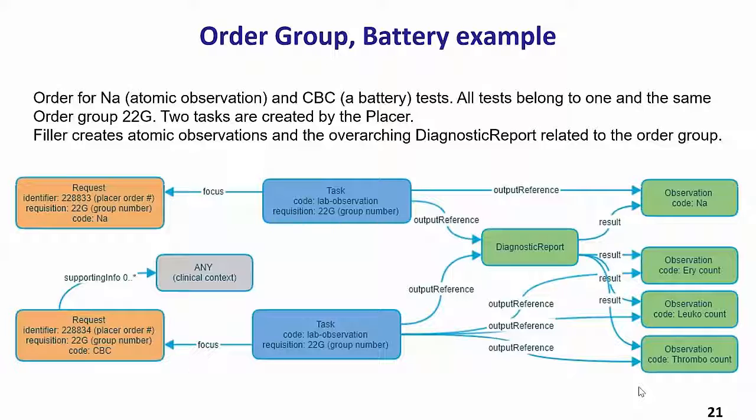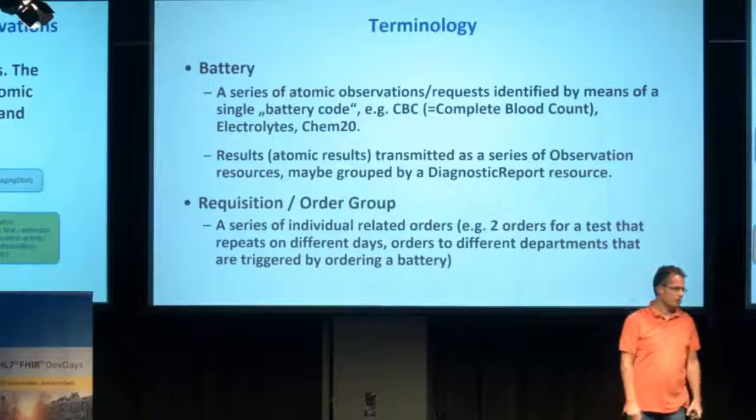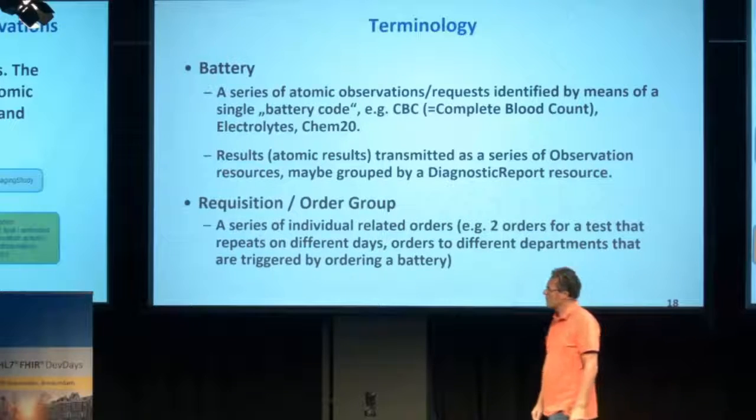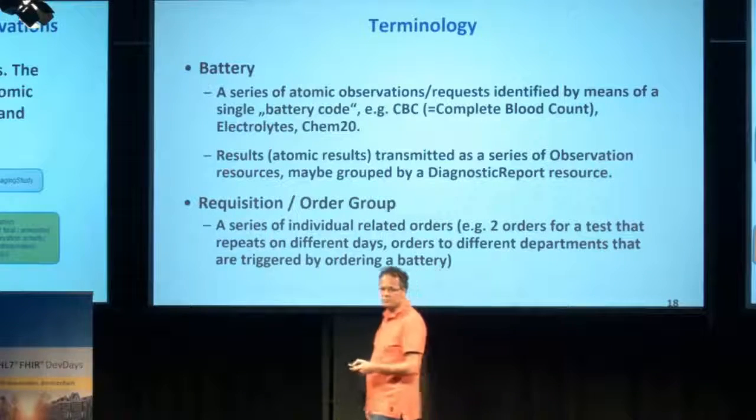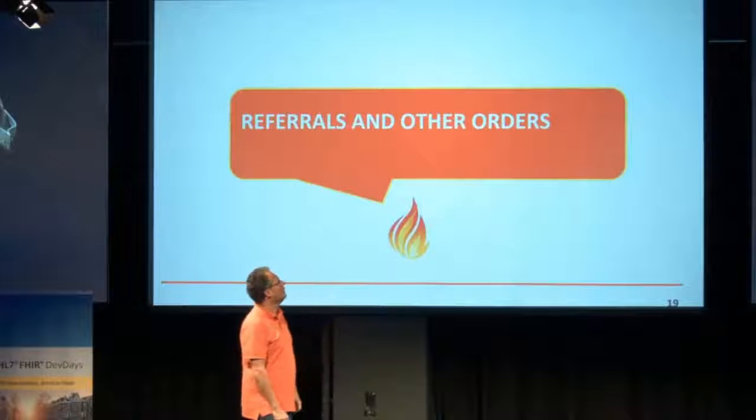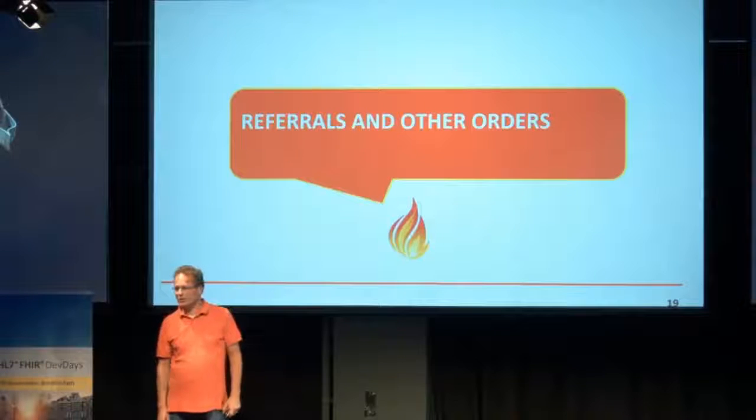And all of those observations are documented in one single diagnostic report because that is effectively the equivalent of the group that we have also as identifiers here on the request. So that's an example from the laboratory domain.